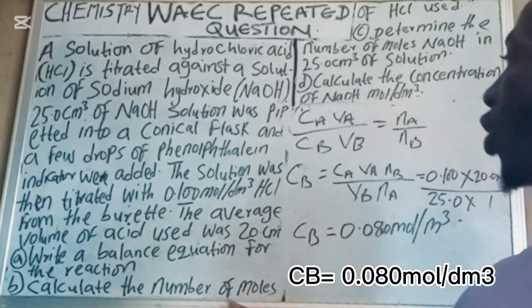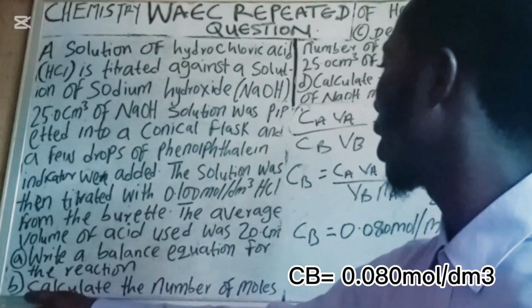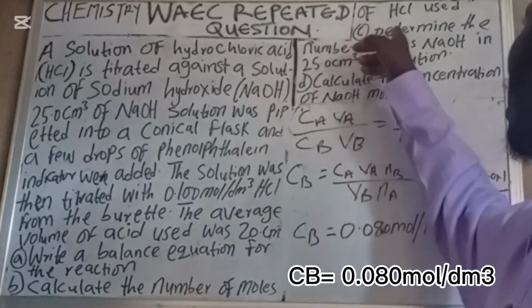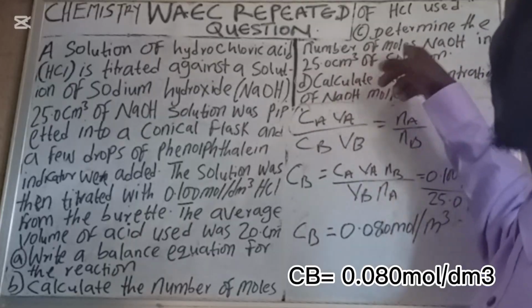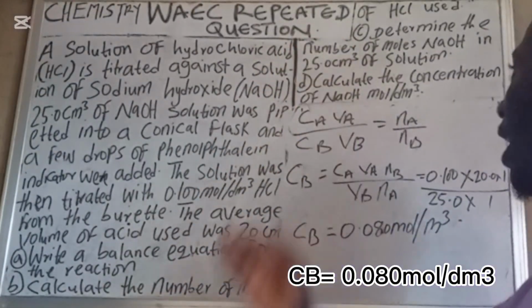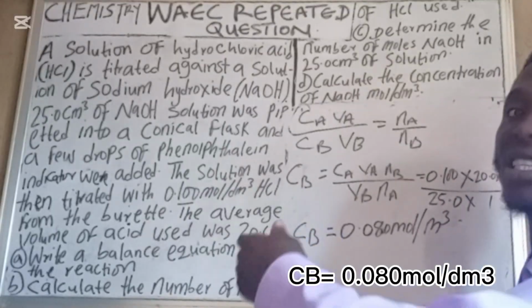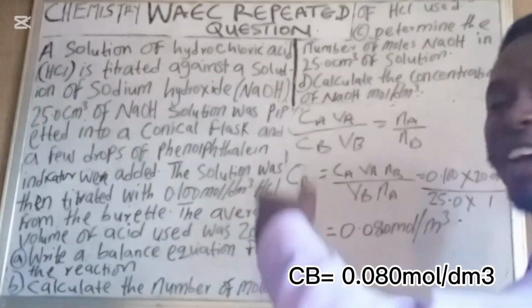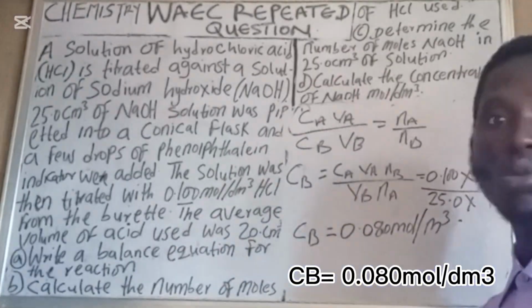So you should not be confused. The reason why we do not use this formula is because we are already asked to calculate the number of moles of hydrogen chloride, and we are asked to determine the number of moles of sodium hydroxide. That's why we use that step, and because of that the step will be easier for us. But from you, whichever one you use is okay.